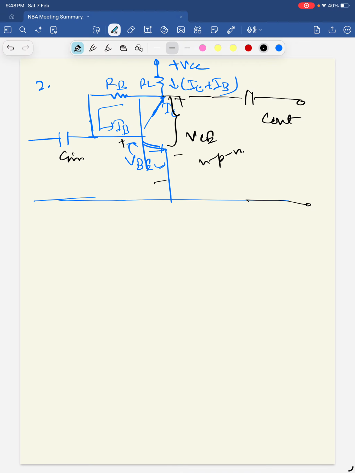Correct. Now we will use Kirchhoff's voltage law, KVL. VCE is equal to this portion. I can show you the path, this path. So here that is VCE. So VCE is equal to IB RB plus VBE, this one.